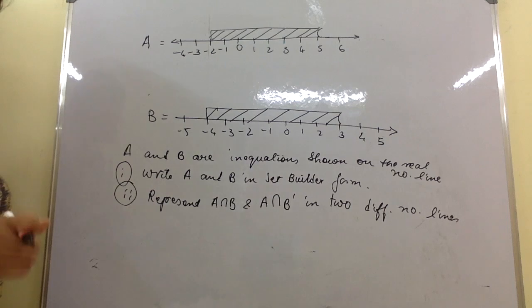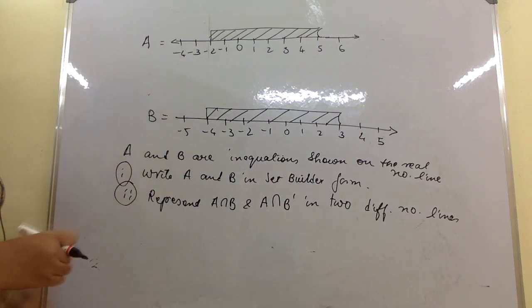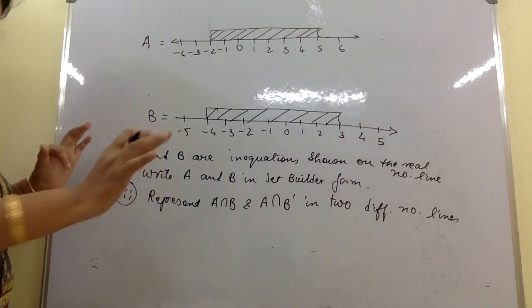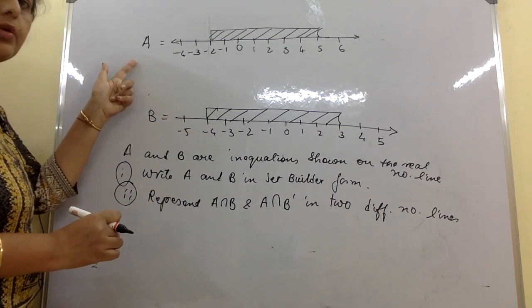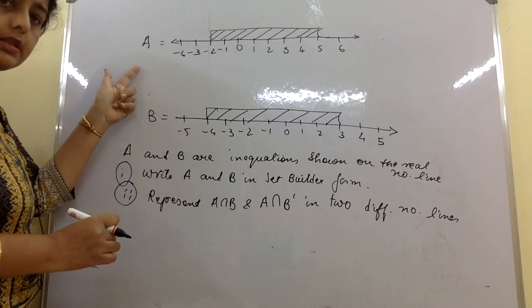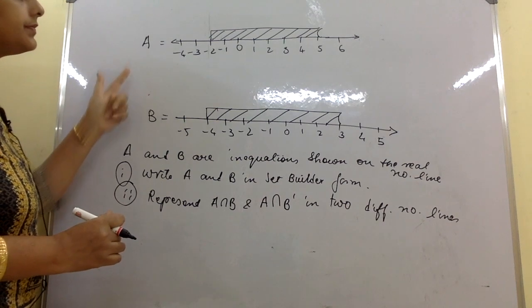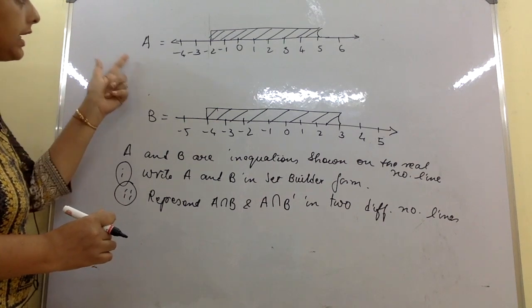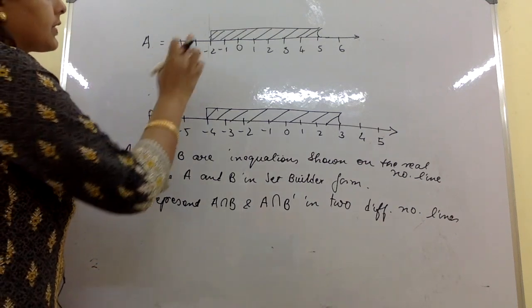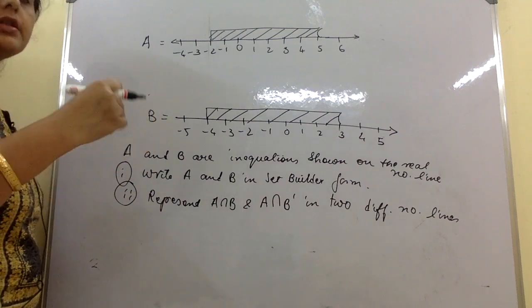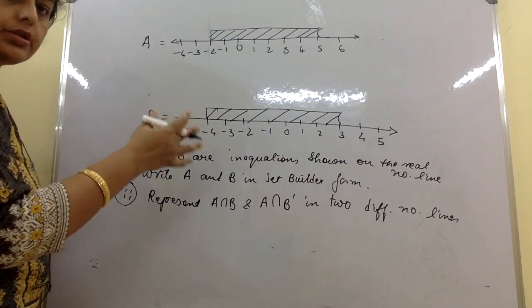Okay, so here is a question which has been given to us diagrammatically like this. This is A. Note, this is another way of depicting on the real number line.